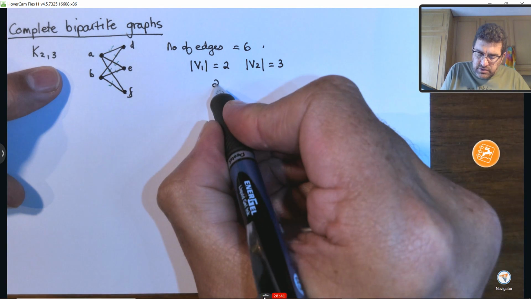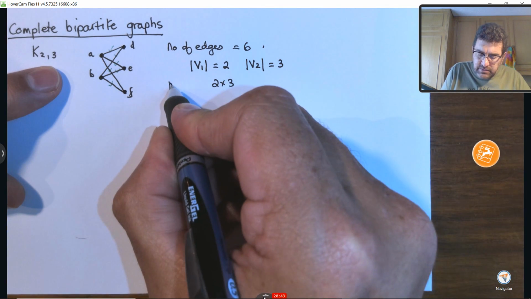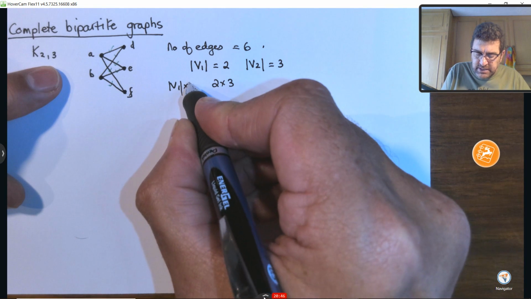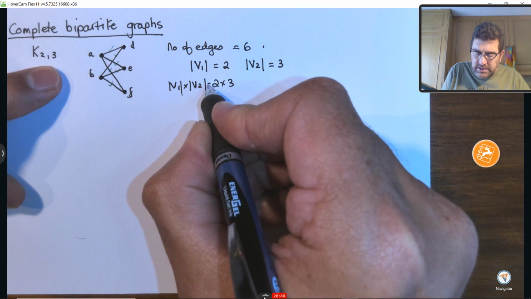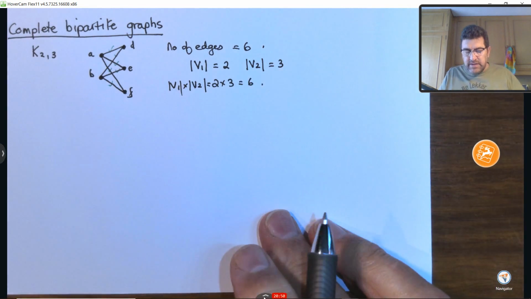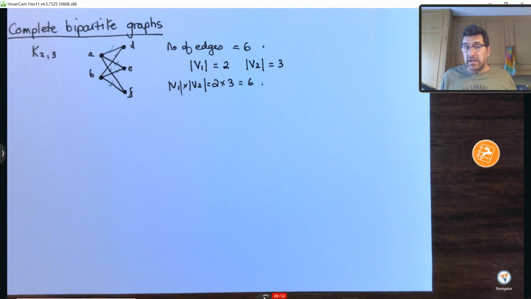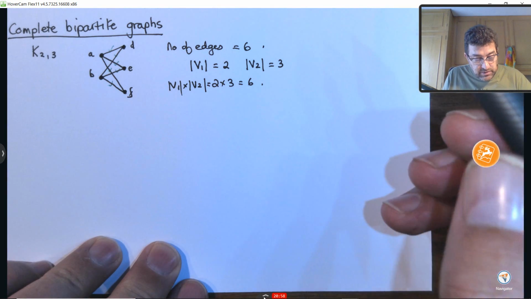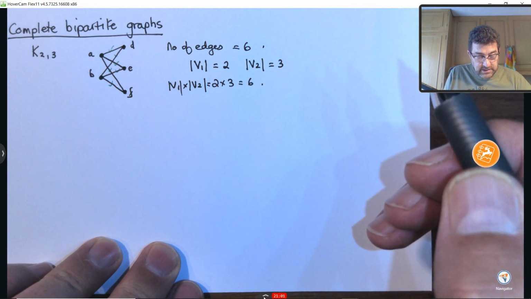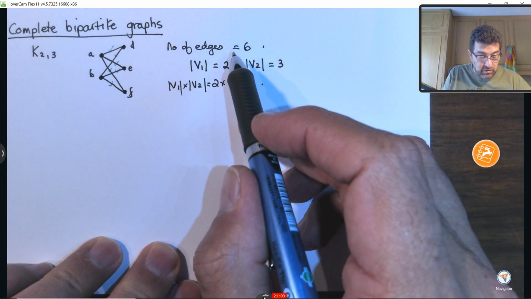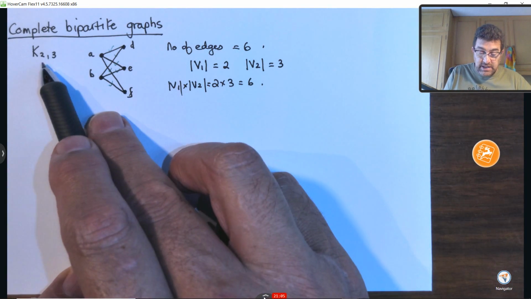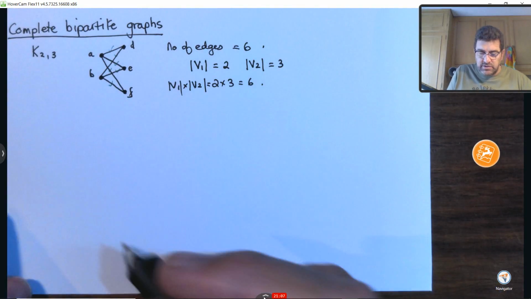So if I take 2 and multiply it with 3, I'm taking the cardinality of the first vertex set times the cardinality of the second vertex set. It seems to give me the number of edges in my complete bipartite graph. So if I need to know the number of edges in a complete bipartite graph, I can take the cardinalities and multiply them. Well, let's see if that's true.